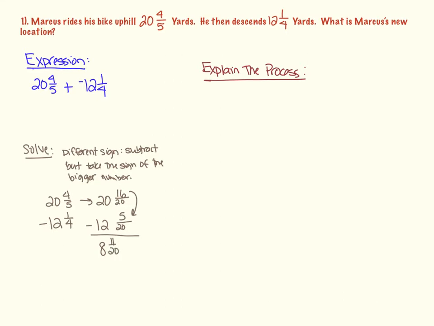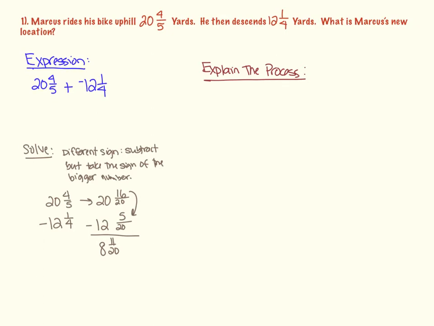Okay? So now when it comes to explaining the process, we are explaining why we are adding. So whatever we wrote on the previous notes, we are fitting that into our explanation. But we're going to add the expression to it. So this is what I mean. We have to fit and tie everything together.